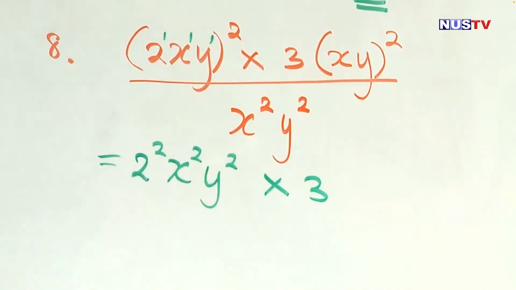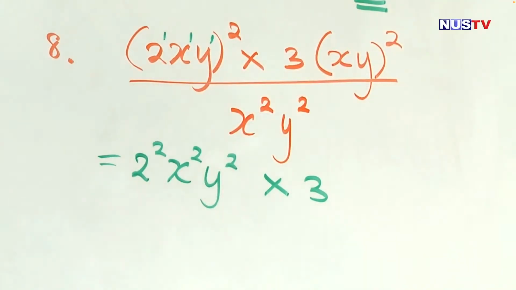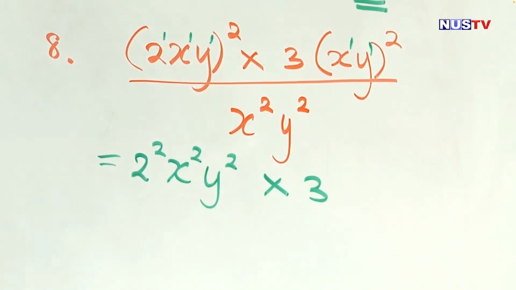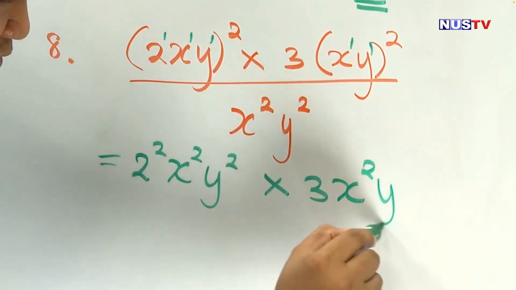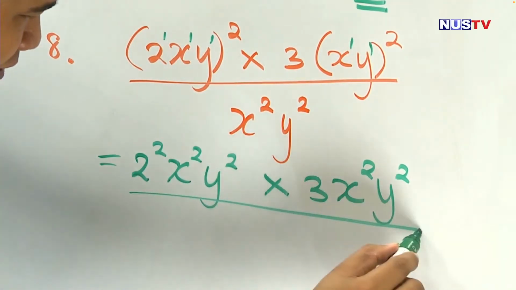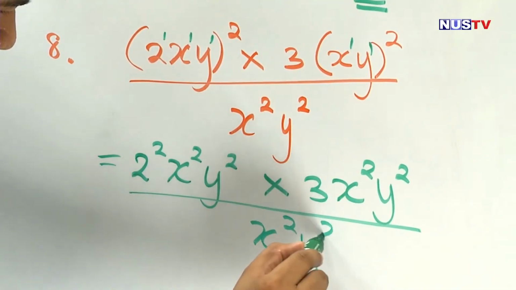Remember, this 3 is independent, and xy here is raised to a power of 2. So again, we have that invisible power of 1. So now we have x to the power of 2, y to the power of 2. Great. This is all over x squared y squared.